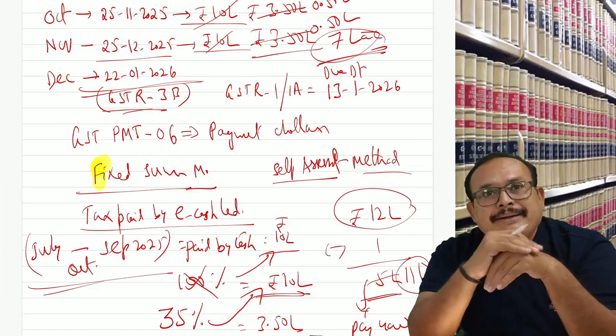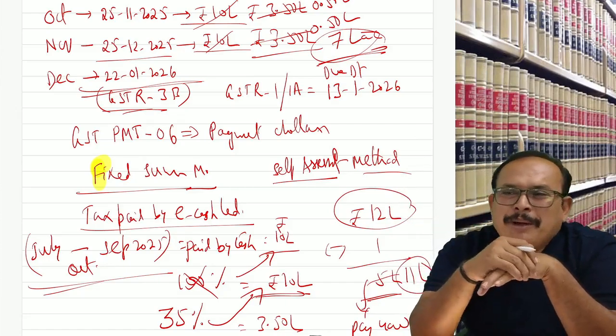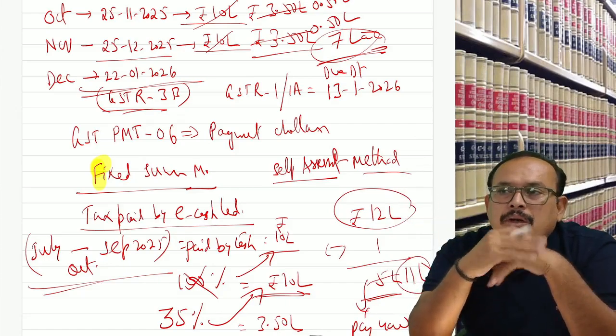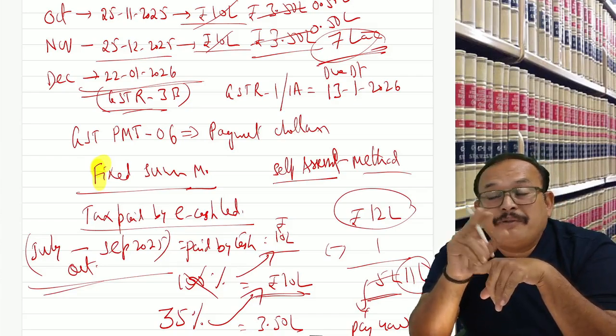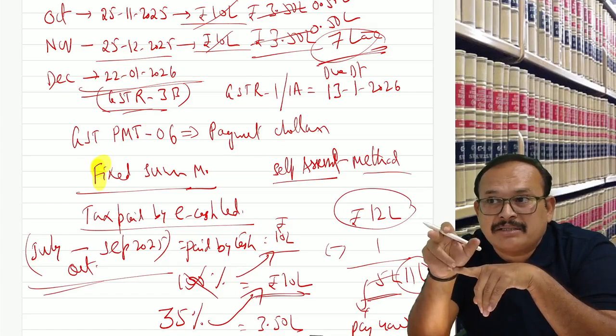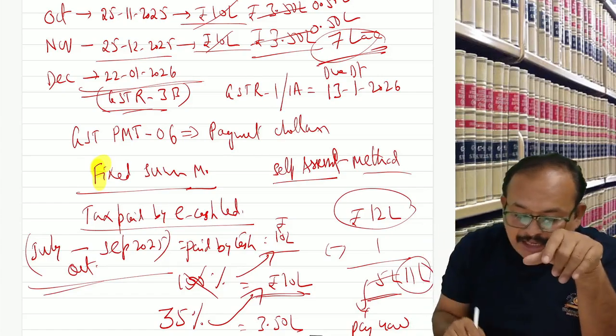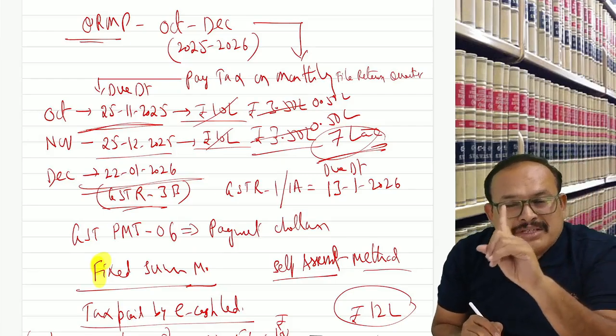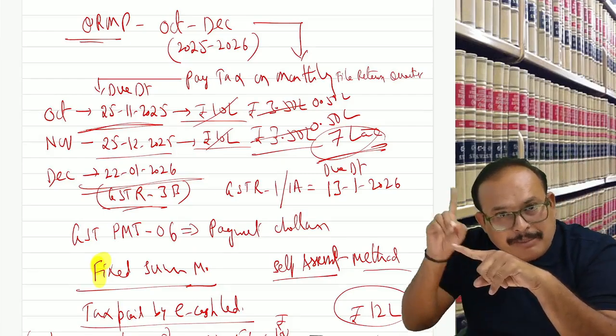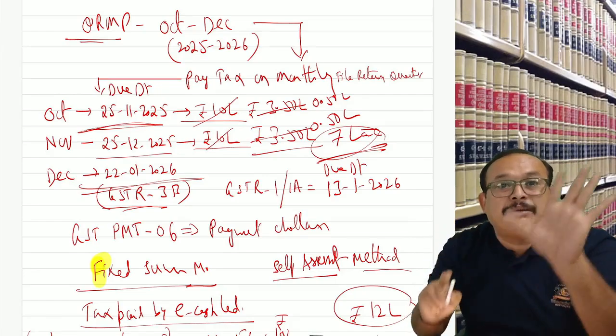In that case, liable to pay under the fixed sum method you opted, 3.5 lakhs, but not paid by 25th of November. From 26th November, till the date of payment of the tax, interest has to be paid at 18%.